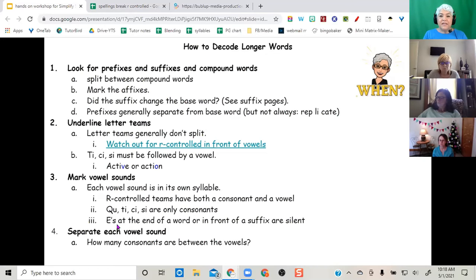We teach it explicitly, we practice it explicitly. Eventually we reduce the scaffolding and our kids are able to fly through, and then they get stuck on a word and say something crazy, wacky, and I might just say, did you? And they're like, oh, okay. And they'll pay attention. Did they really pay attention to the suffixes? I like to use the hand signals even with my older kids, because older kids will stumble.